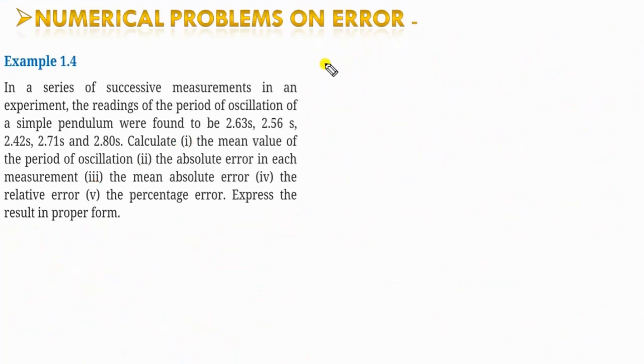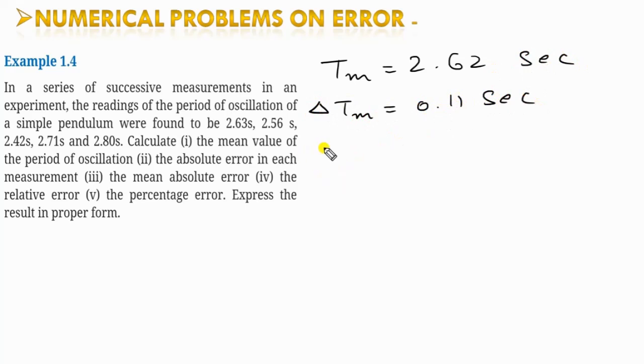So what do we know now? We know that the mean value or actual value of the time period of oscillation of the simple pendulum is 2.62 seconds. The mean absolute error in our measurement is 0.11 second. So can you tell me what would be the relative error or fractional error?